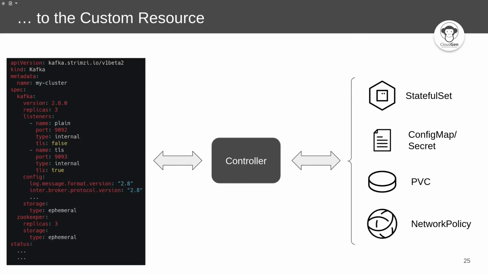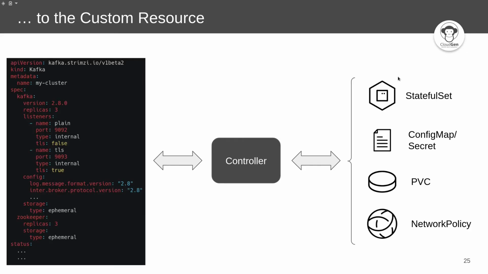But it will be removed so soon, as you know. And then the status, where the controller will report the status of the Kafka deployment, Kafka installation. So the controller inside the operator will take care, will watch this Kafka custom resource, and will create everything on the right-hand side.